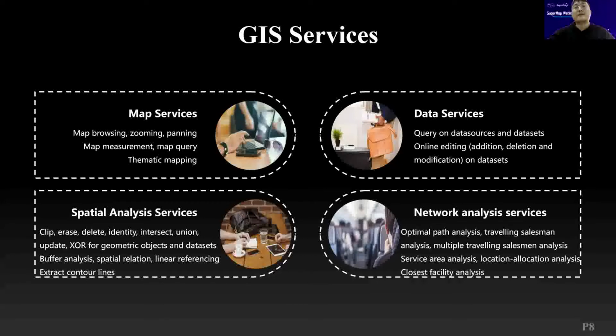That means this map service can not only publish the vector data, but it can also publish the image data, such as the satellite image. We can even combine the image data and vector data into one map and then publish it as a map. And the second one is data service.